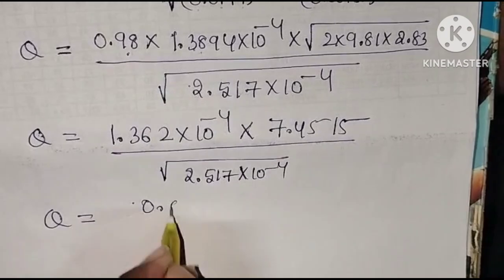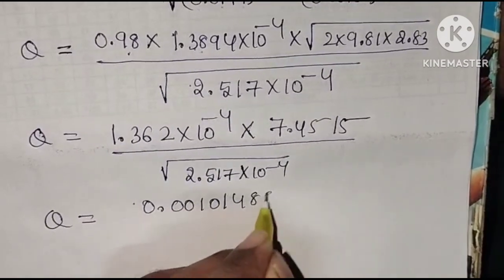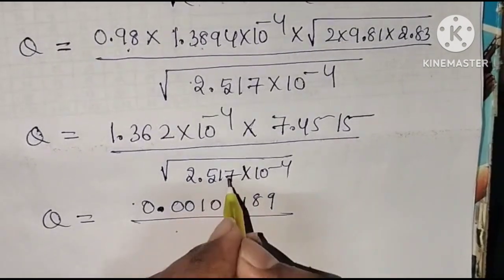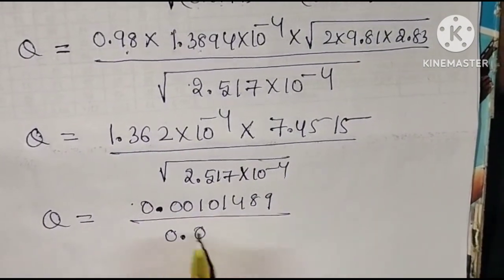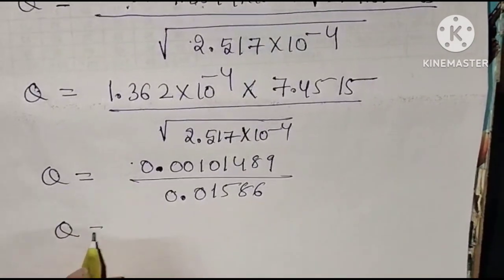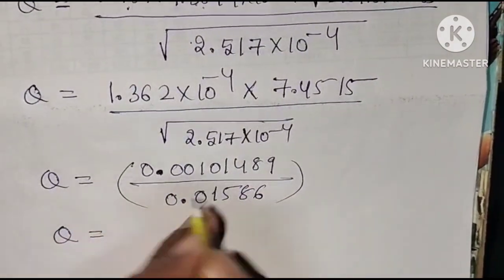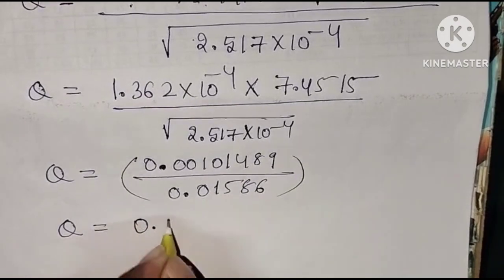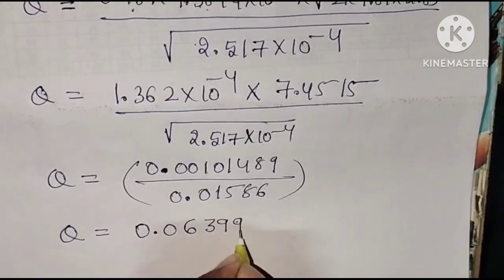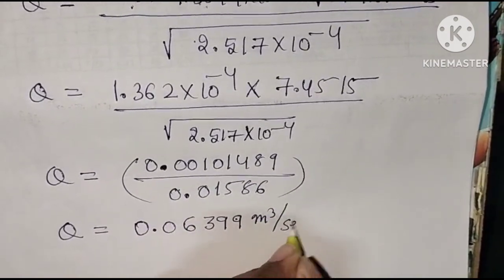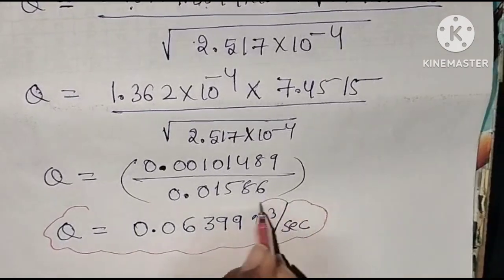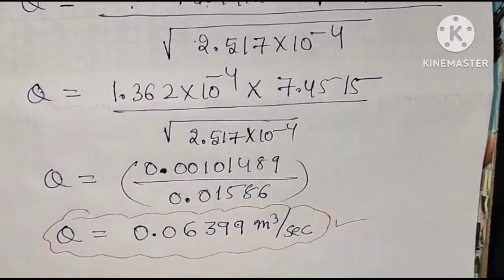Here I got 0.00101489, divided by the square root of the denominator value, 0.01586. Now calculate this expression. You will get approximately 0.06399 meter cube per second. Therefore, discharge through venturimeter is 0.06399 meter cube per second.